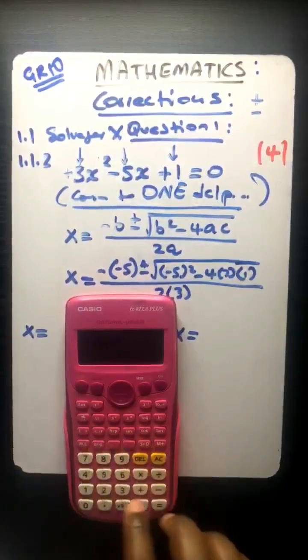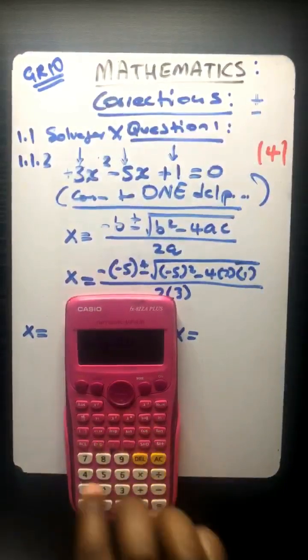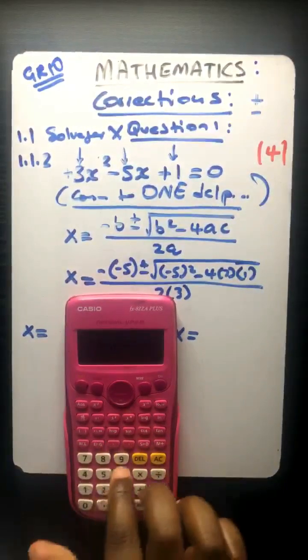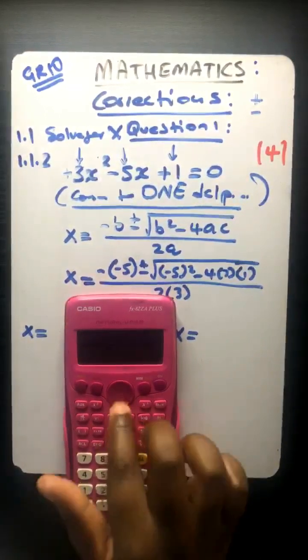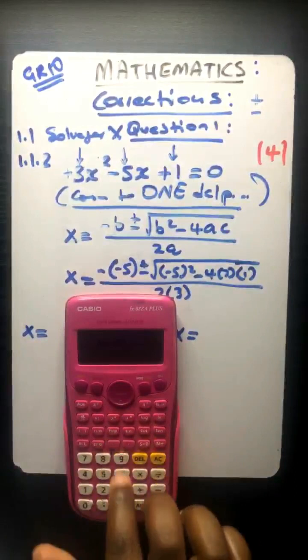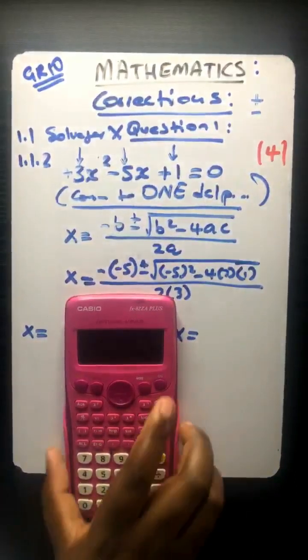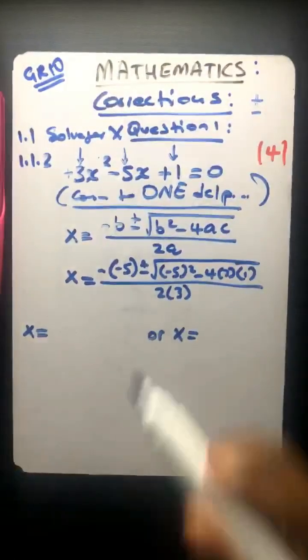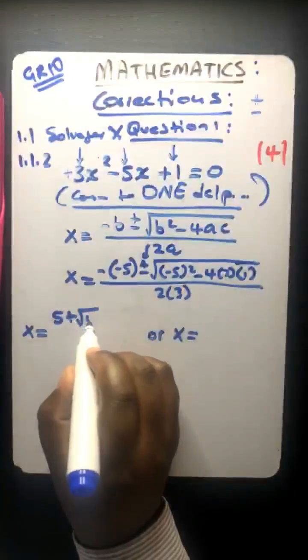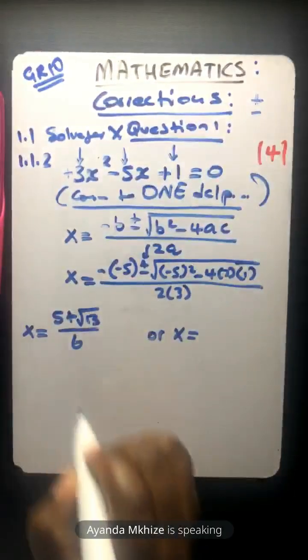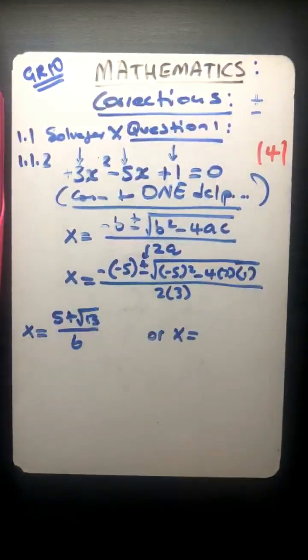So starting with a positive, we are having a minus 4. What is our A? Our A is 3. Our C is 1 over 2 into A being 3. So this is what I'm getting when I start with a positive sign there: 5 plus the square root of 13 over 6.